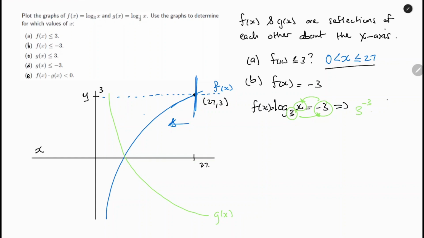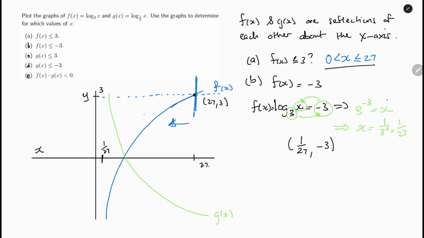So x is equal to 1 over 3 to the 3, which is 1 over 27. Here we have the x value of 1 over 27 and the y value of minus 3. So where's that? The x value of 1 over 27 is about here, very close to the y-axis.